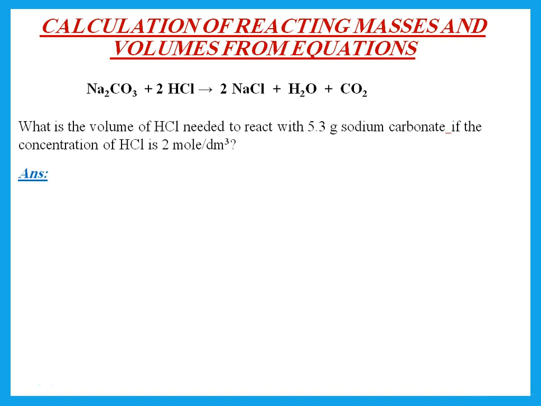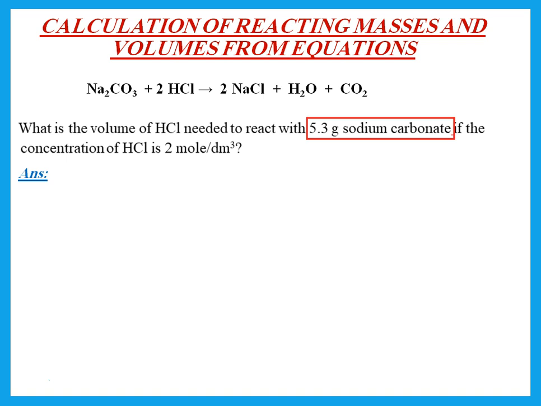Now, what is he asking about? He's asking about the volume of HCl, but what does he give me? So you look at what he gives me. He gives me 5.3 grams of sodium carbonate. So in all of these equations, he will give me certain information. So now he's giving me the mass of sodium carbonate, and then he's asking me about HCl.